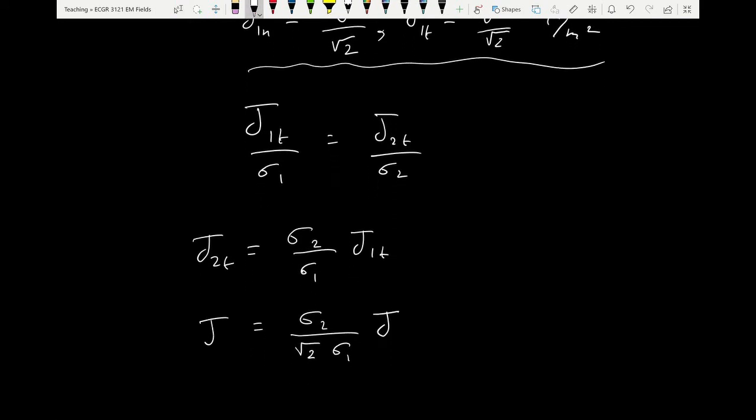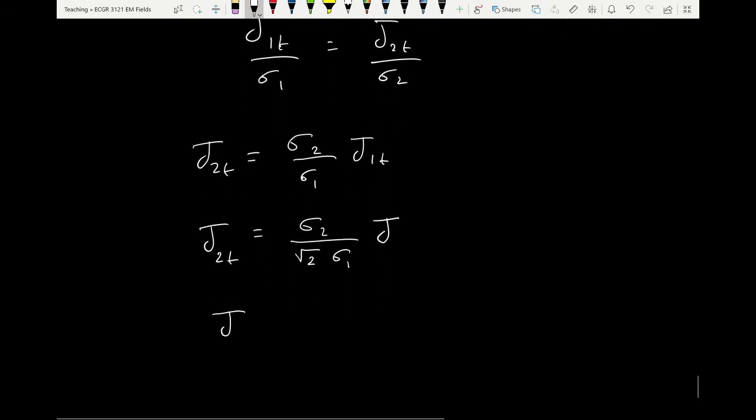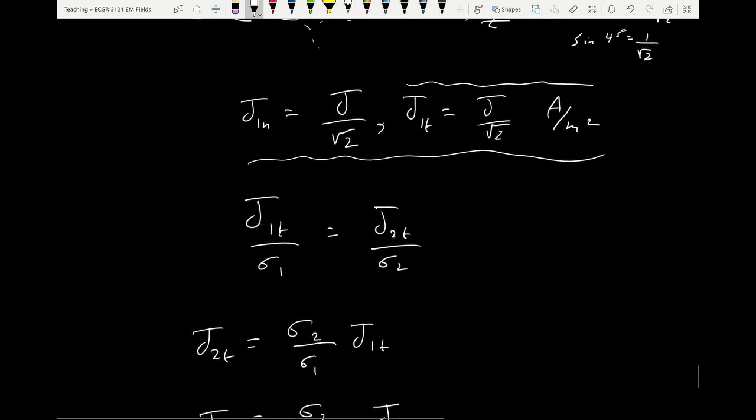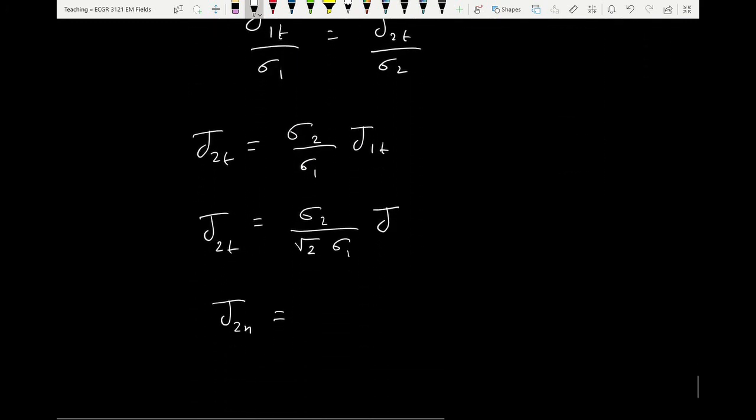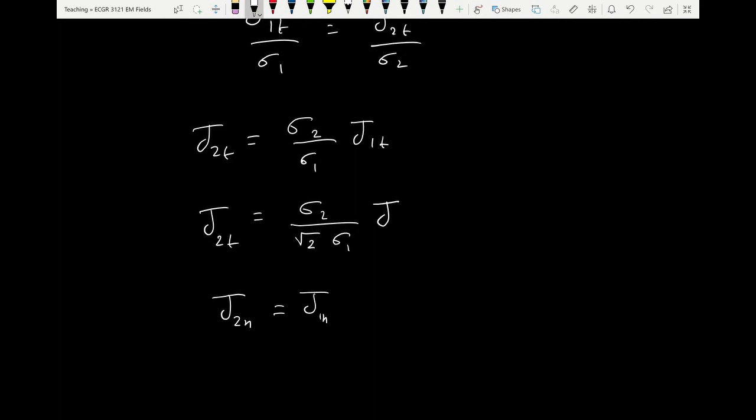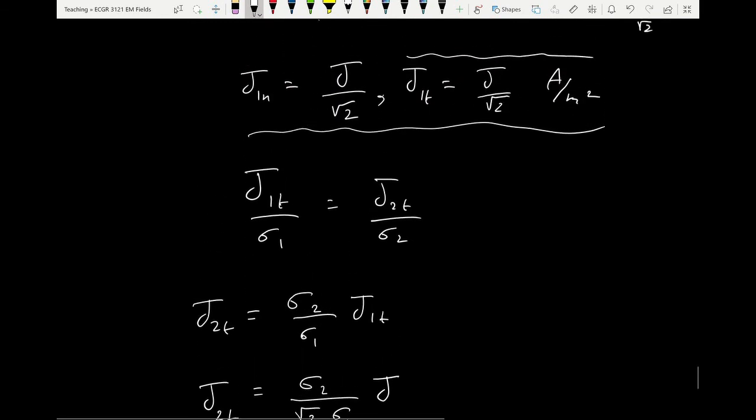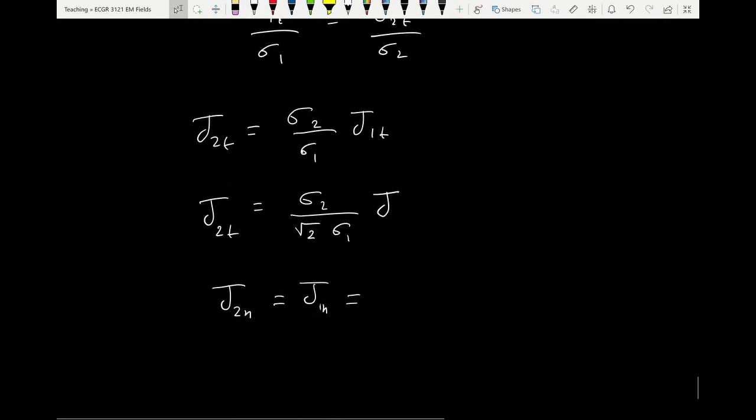So that's J2t. What about J2n? Well, J2n equals J1n. That's the interface condition for the normal component. J1n, of course, is J over square root of 2.